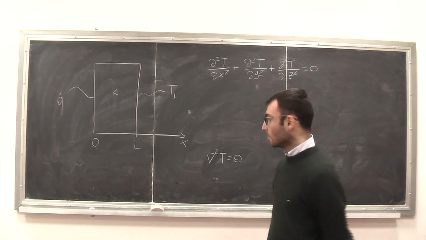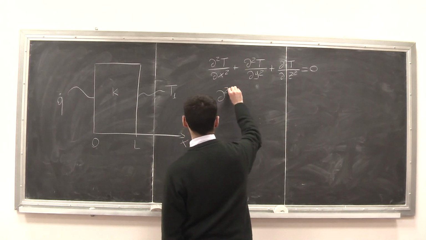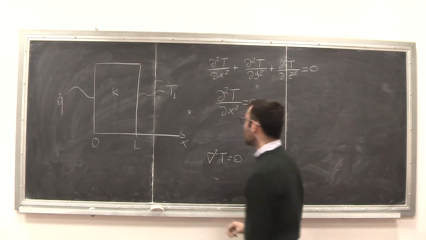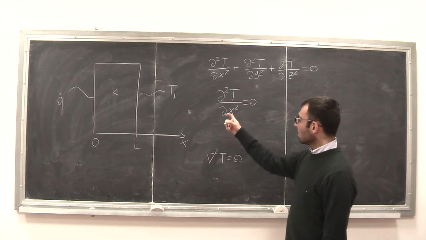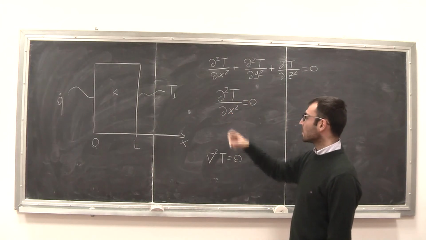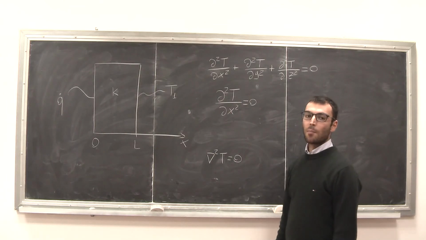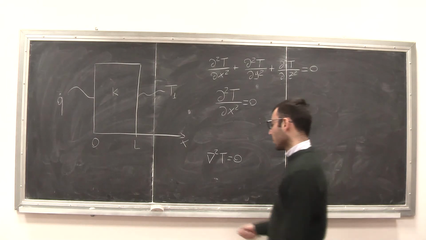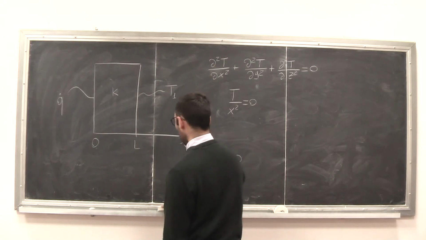So we can write our equation as second derivative of temperature with respect to x equal to 0. But in this case, if temperature depends only on x, we can substitute the symbol of partial derivative with that of total derivative, because there is the dependence on only one variable.